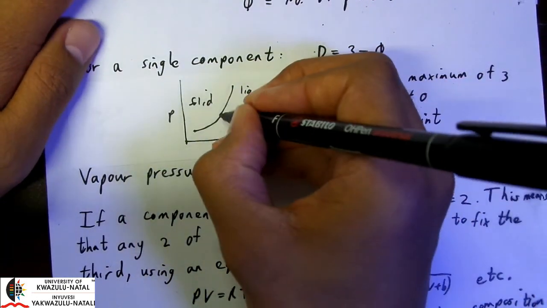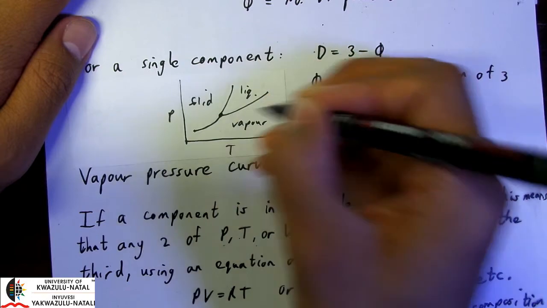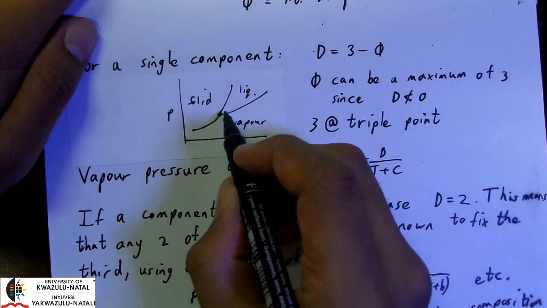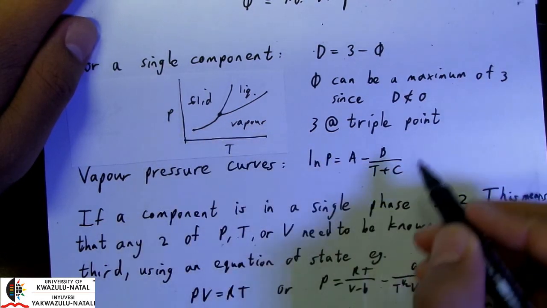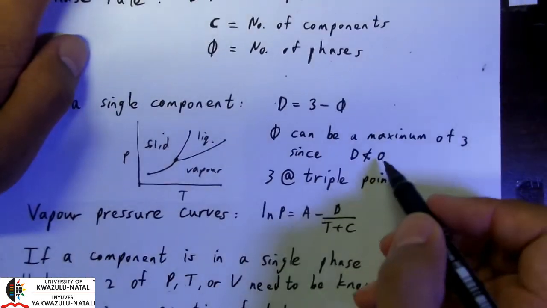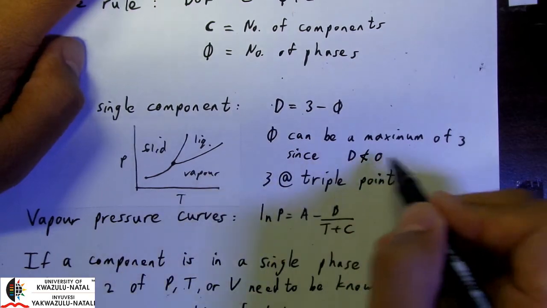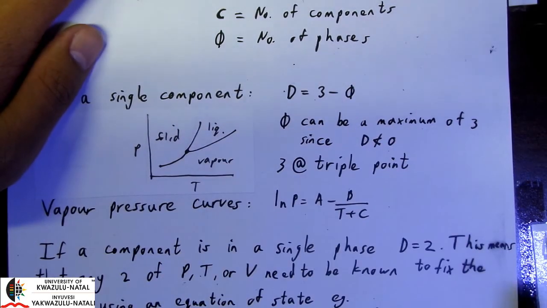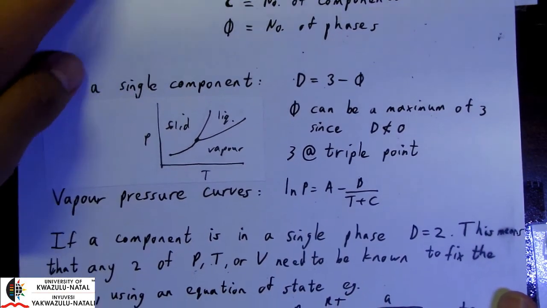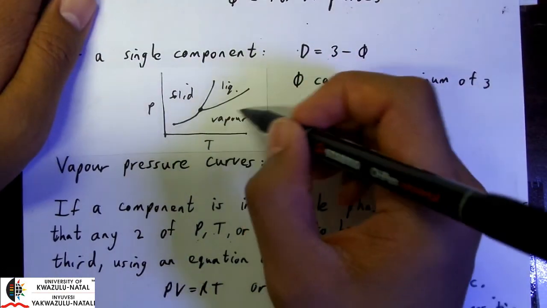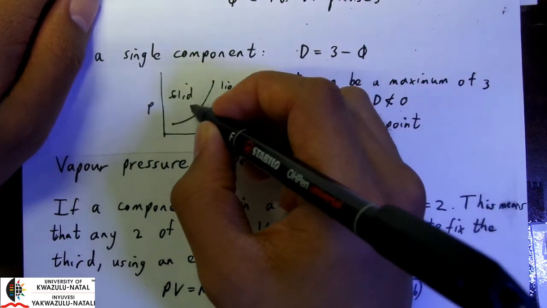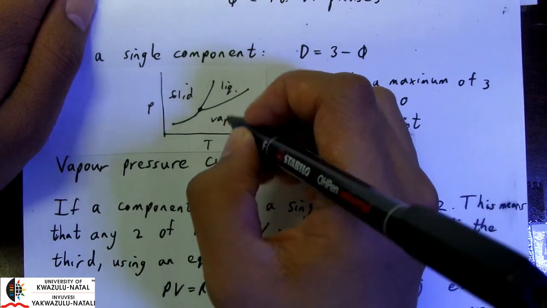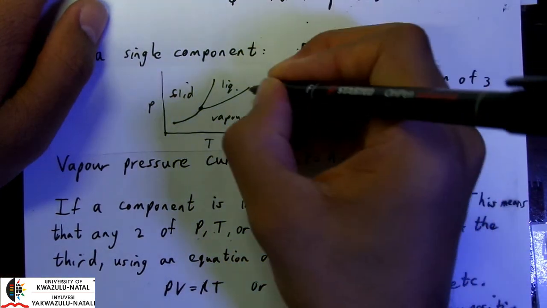And as you can see at this point here, known as the triple point, at this particular temperature and pressure, our pure component will exist in 3 phases. So that is the maximum number of phases that a component can exist in. At any other point, we will have our component existing in either the solid, liquid or vapor phase.